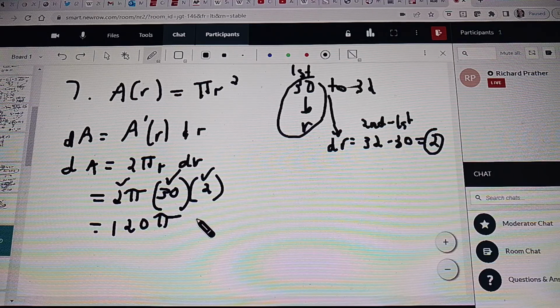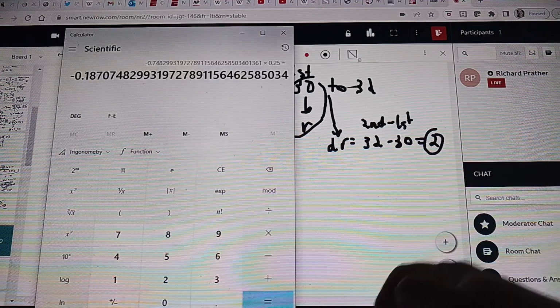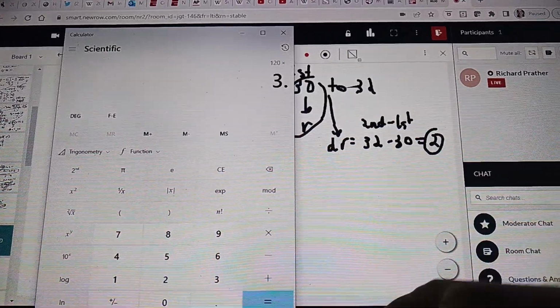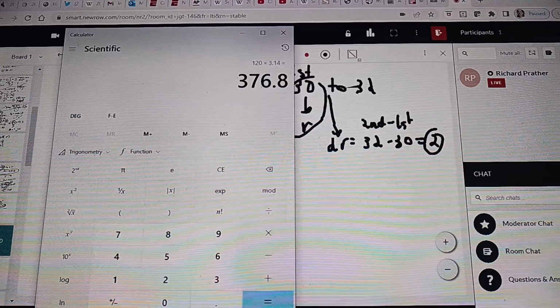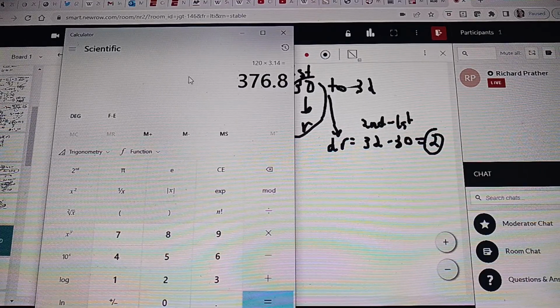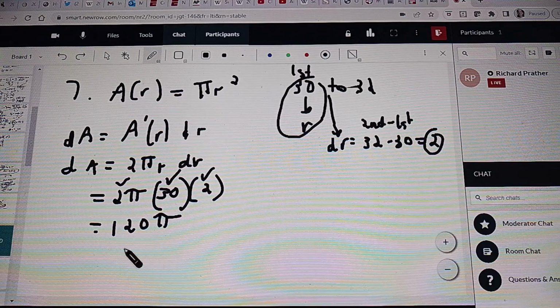Now we know pi is about 3.14, but you don't want to do times 3.14 unless they specifically ask for it. But you could do it for your own purposes and say, if the radius increases by 2, then the area increases by almost 400. But I think they're going to want 120 pi for the answer, not 370, whatever.